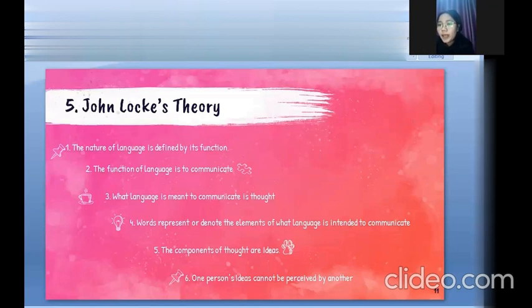So it is apparent that Locke believes that words are symbols for the components of thought.